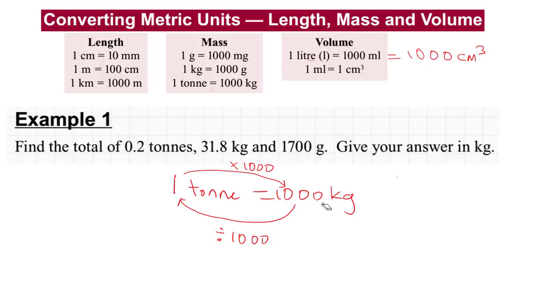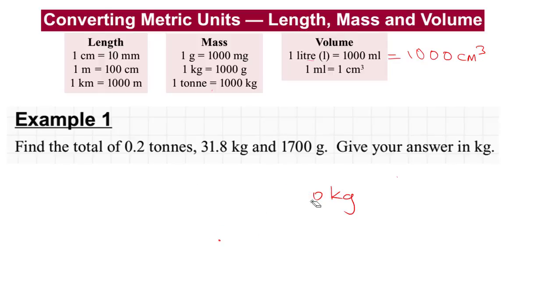You're going forward. Okay. So we're going to be doing 0.2 times by 1,000. And you need to know that if you times it by 1,000, the decimal point moves 3 places, because times by 10, times by 100, times by 1,000. So the decimal point is not here anymore.